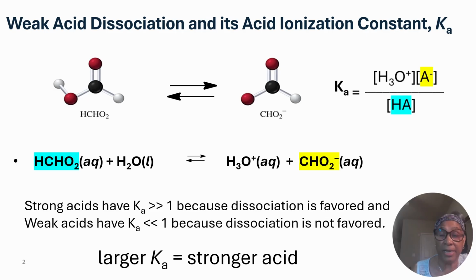Because the dissociation of a strong acid in water is essentially complete, the reaction is not considered to be an equilibrium process. Weak acids partially dissociate in water as the ion products reach equilibrium with the undissociated weak acid molecules.